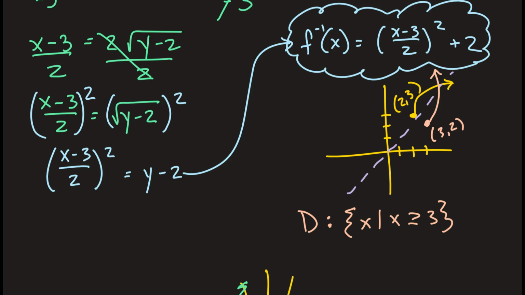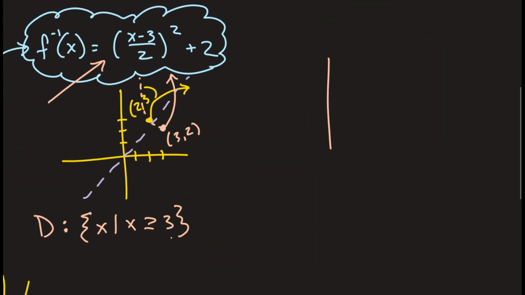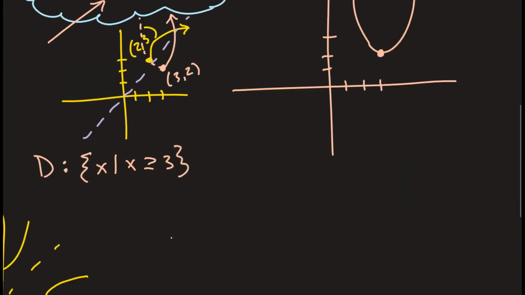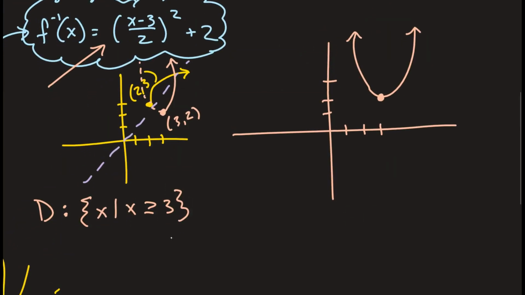If instead of finding the inverse, I just looked at this quadratic, with my vertex at 3, 2, and I had the entire quadratic rather than just the inverse of the radical, what is that quadratic's domain?